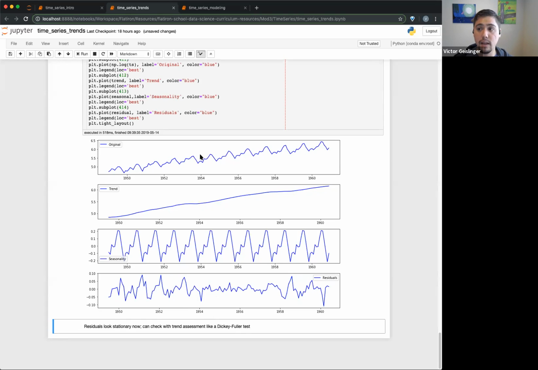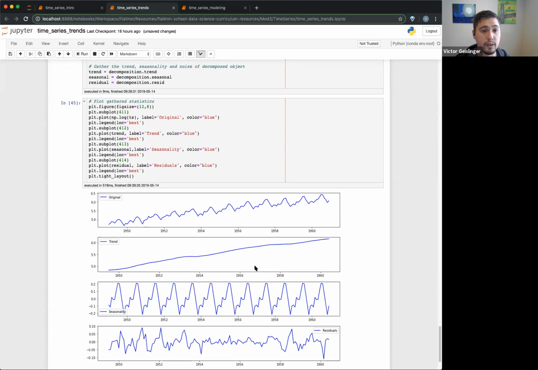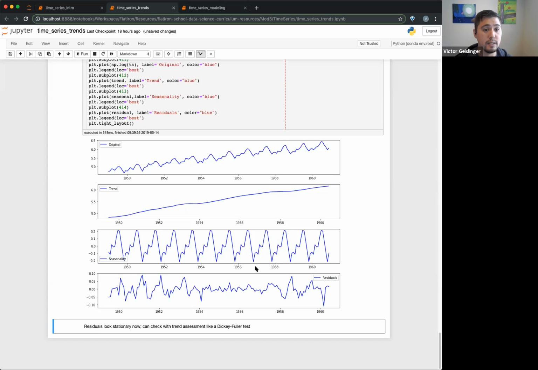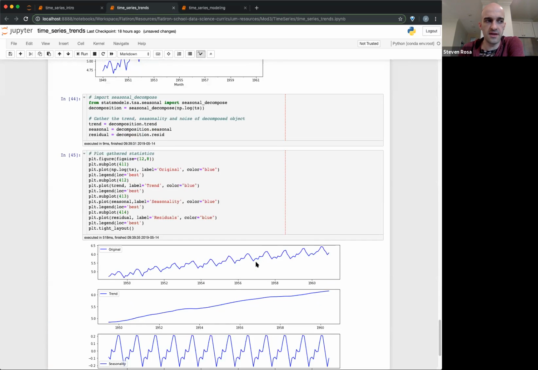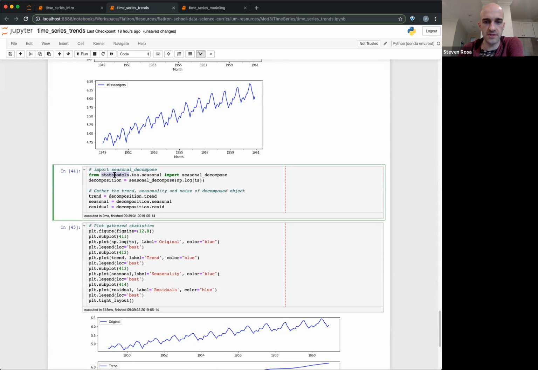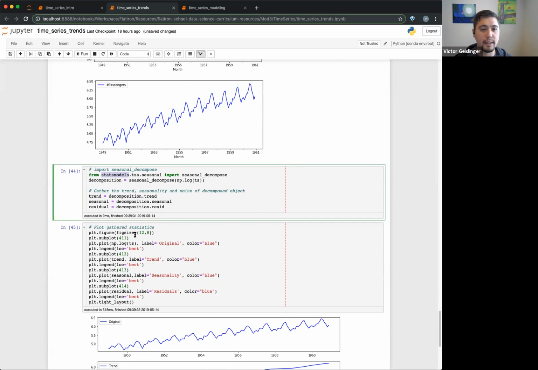Any questions on this stuff I went over for decomposition or any other parts that we went over in section 25? Yeah, I have a question. Does statsmodels just apply the techniques that you showed us earlier in order to decompose it in these ways? Yeah, there's some more advanced stuff going on here.